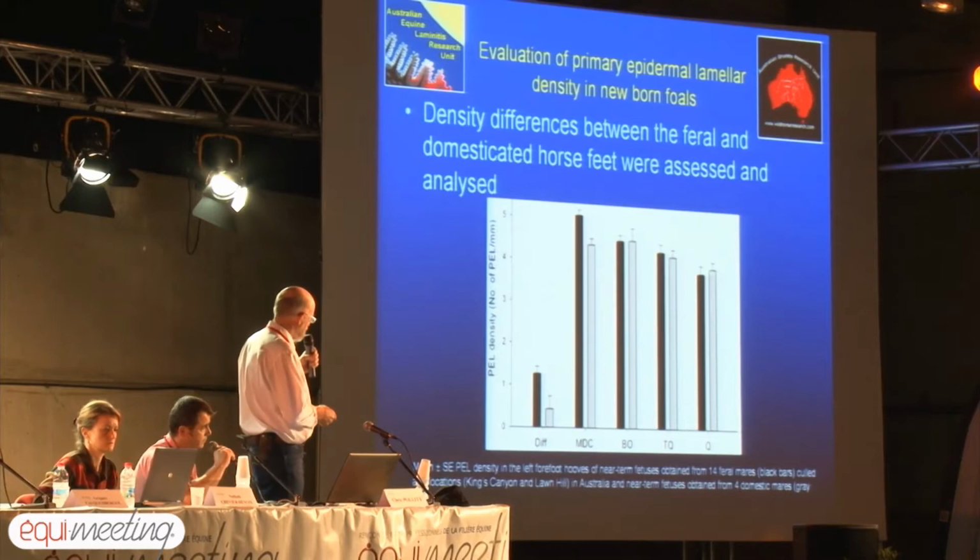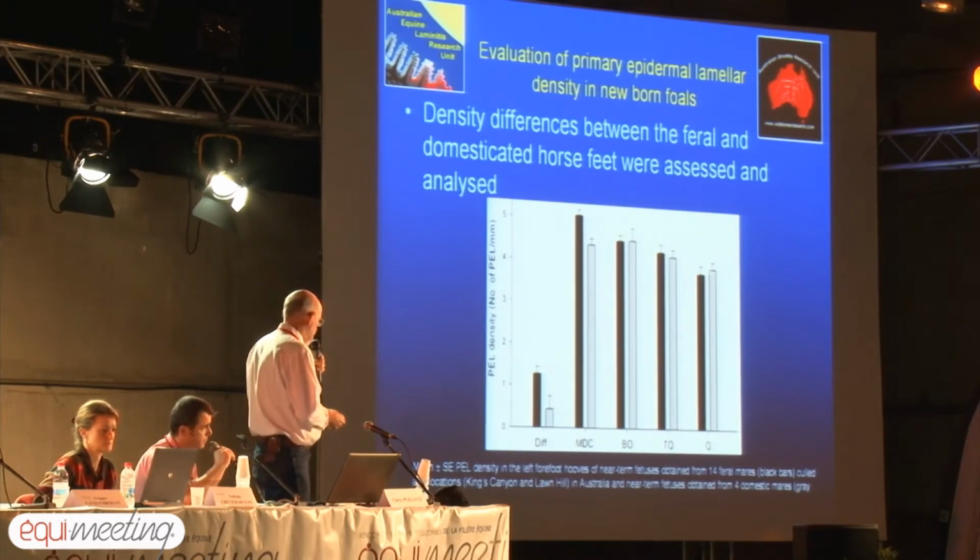And here are the results. So the black lines represent the wild horses, and the grey lines represent the domestic fetal lamella density counts.